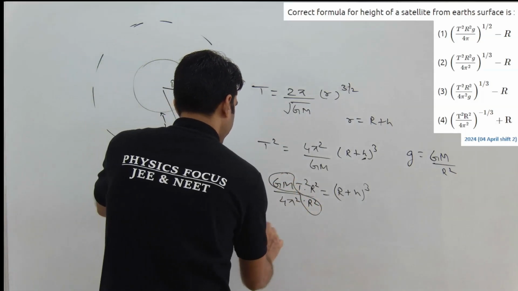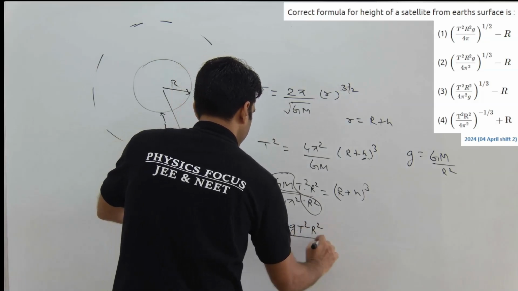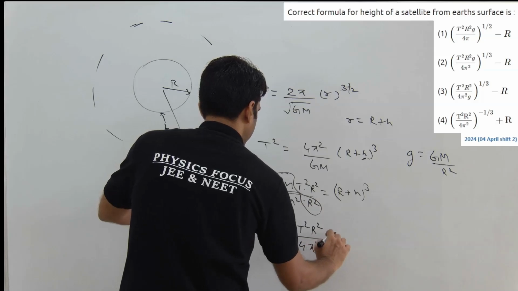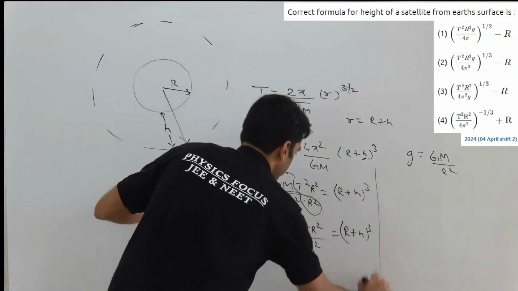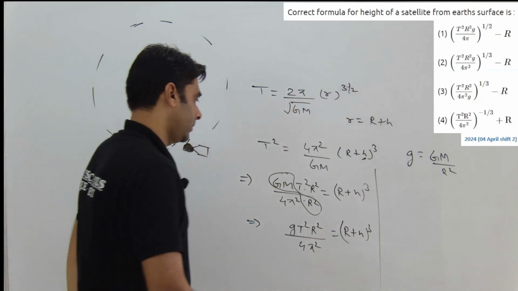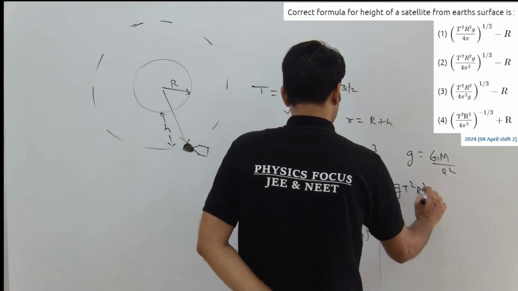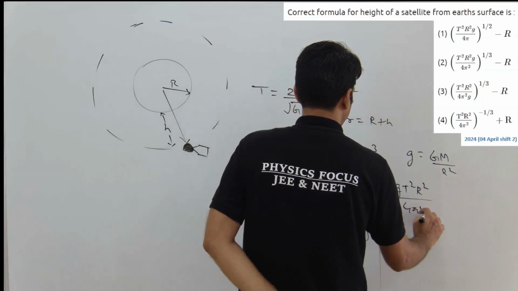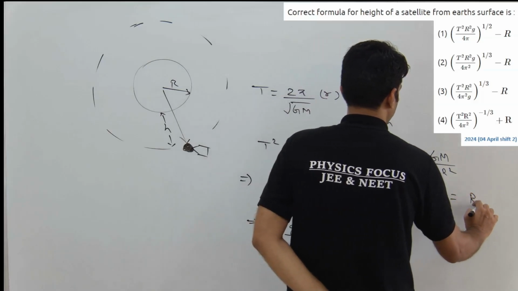Therefore, I can write small g T square R square by 4 pi square is equal to R plus h whole cube. Let us take the cube root on both sides. So we will get g T square R square by 4 pi square whole power 1 by 3 is equal to R plus h.